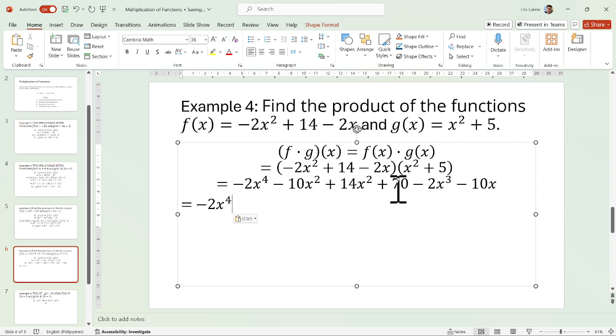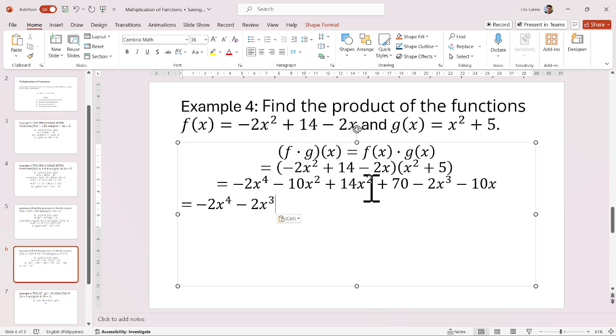Then the next term is negative 2x cubed.